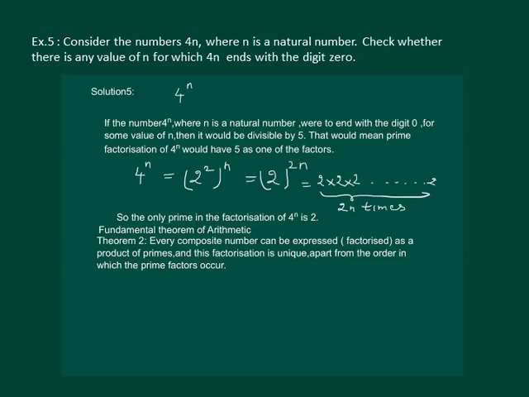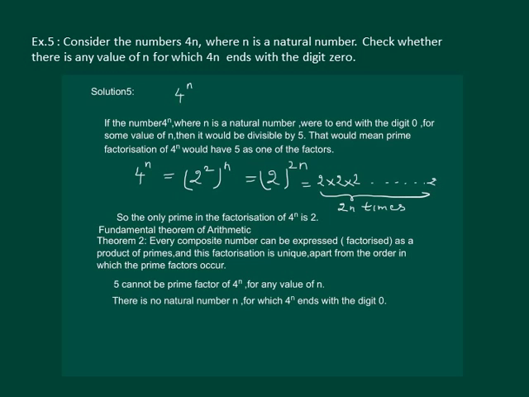But the Fundamental Theorem of Arithmetic states that every composite number can be expressed as a product of primes, and this factorization is unique. That means there is no other way in which 4 power n can be factorized. So 5 cannot be a prime factor of 4 power n for any value of n, and hence there is no natural number n for which 4 power n ends with the digit 0.